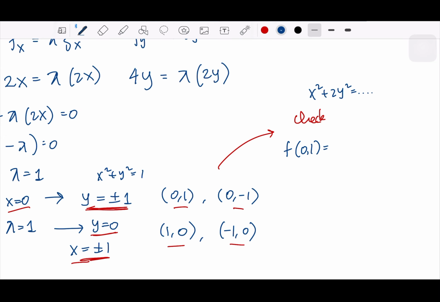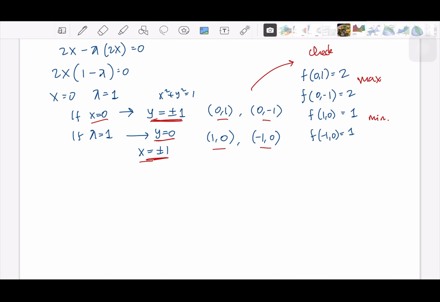Checking this one, it is equal to 2 at 0, 1, and 0, -1 is also 2; 1, 0 will be 1, and this is also 1. So this will be the maximum value, and this will be the minimum value.